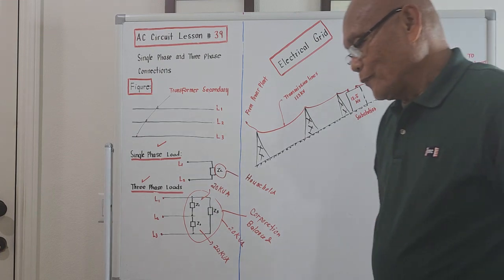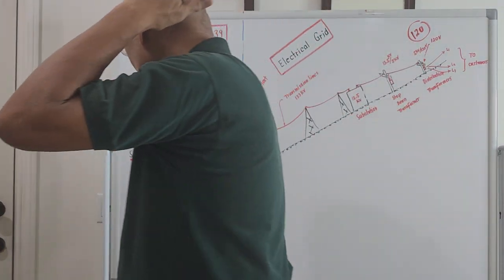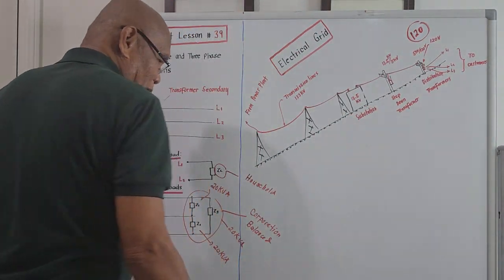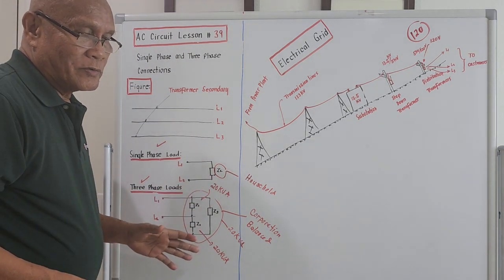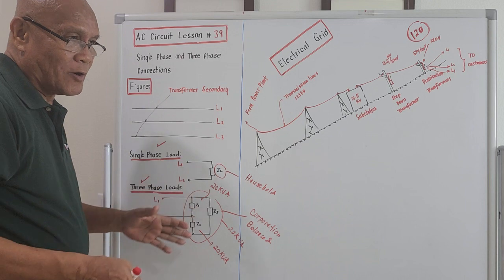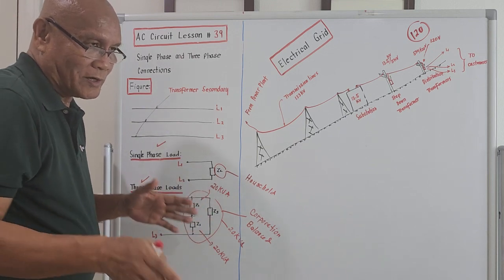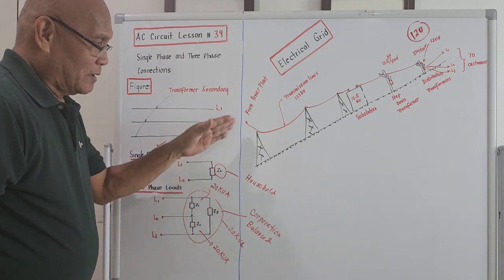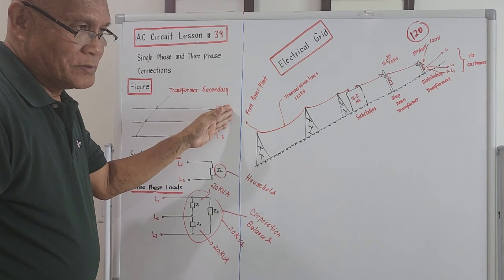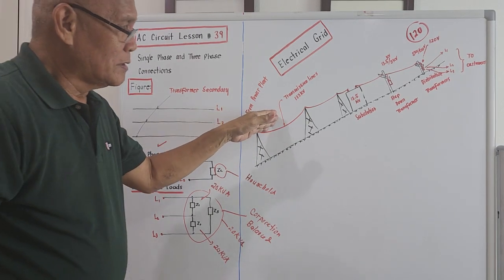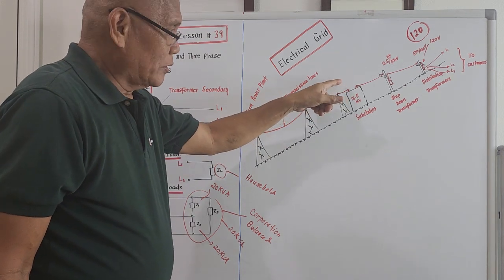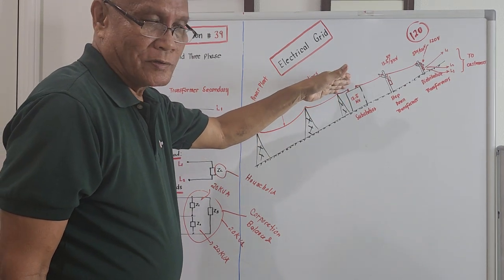That's it, guys. I think this will now be the end of my topic under alternating current circuit. At least we now know the preview of how we get our power from the utility companies. It came from the power plants. It goes to the high voltage transmission lines. It goes to the so-called substations.